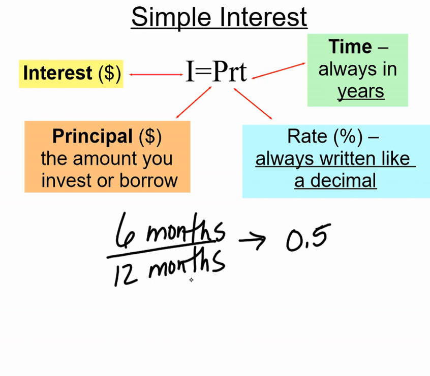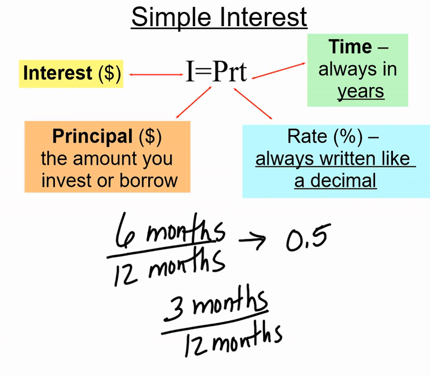We can also do that with 3 months, because 3 months out of 12 months is the same fraction as 1 over 4, which is 0.25, 25 hundredths. So we'd be changing that to a decimal as well if we need to.